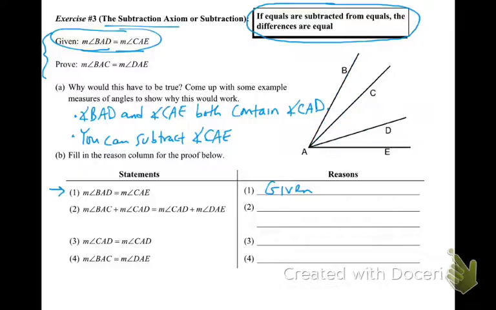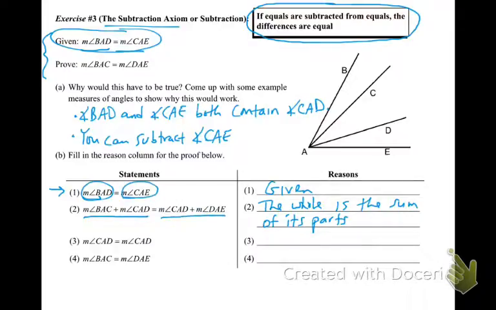The whole is the sum of its parts. The whole angle BAD can be broken up into BAC plus CAD. The whole angle CAE can be broken up into CAD plus DAE. The whole is equal to the sum of its parts.